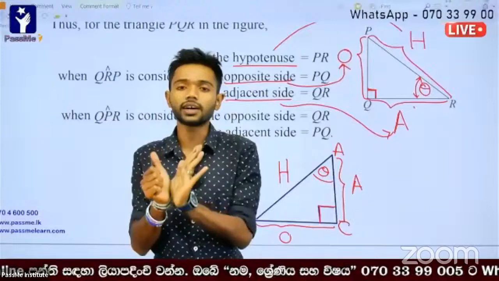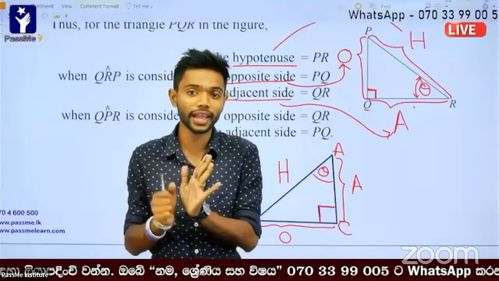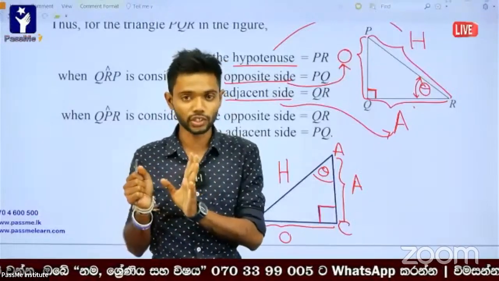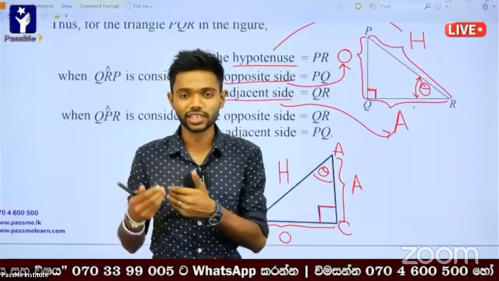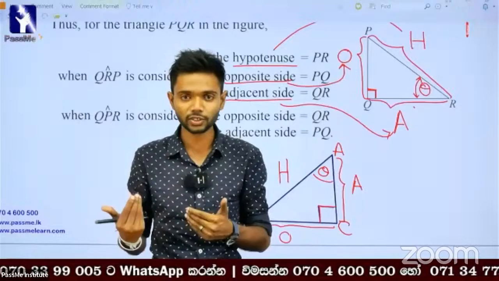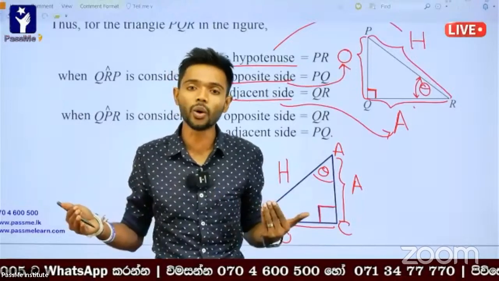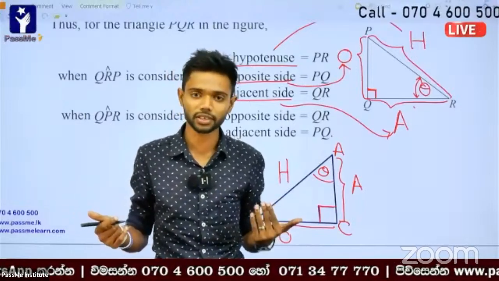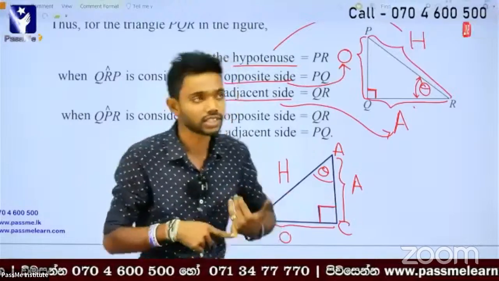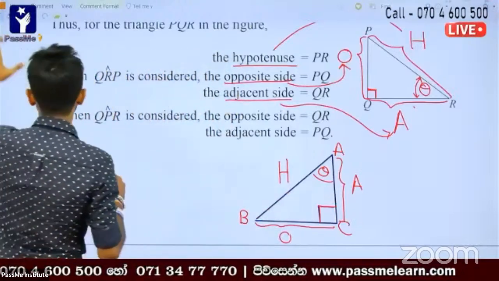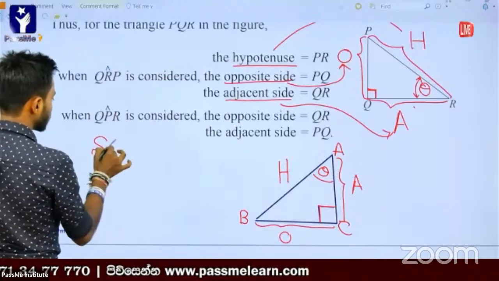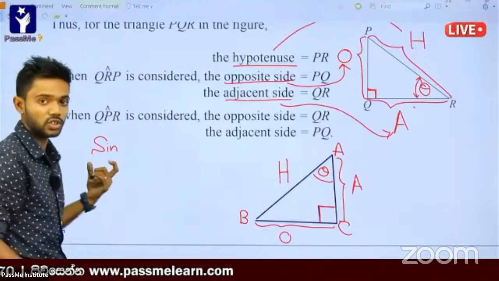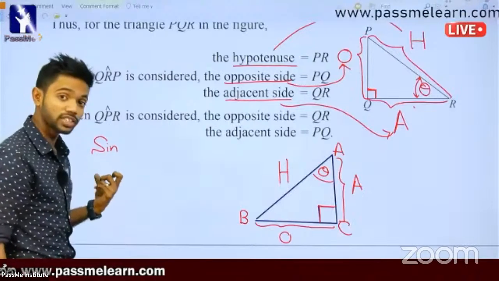After the A-level exam also, you can study more than 6, right? That means if you enter university, you can learn about more ratios of trigonometry. For example, in the O-level syllabus, you have 3 trigonometry ratios. The first one is sine. We will call this sine.